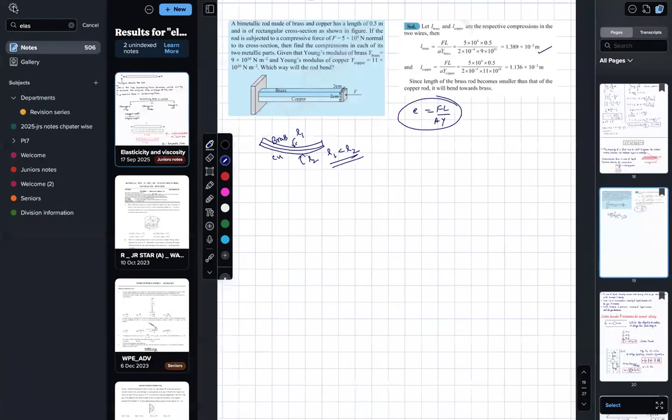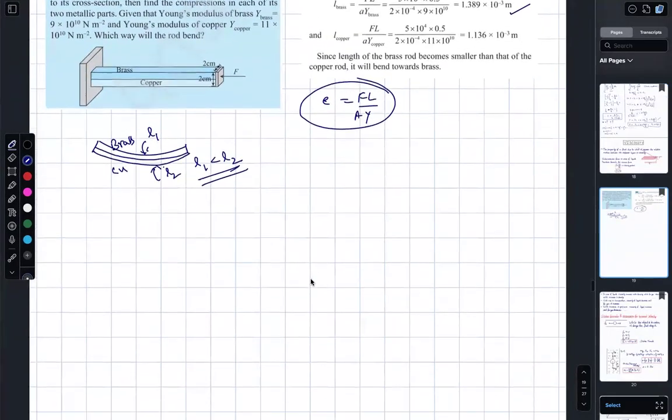One more. Some models are there that I need to discuss actually.